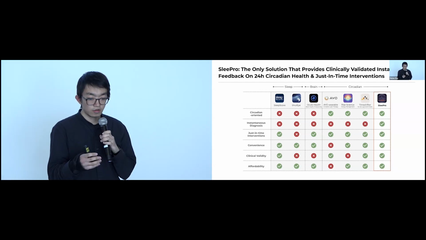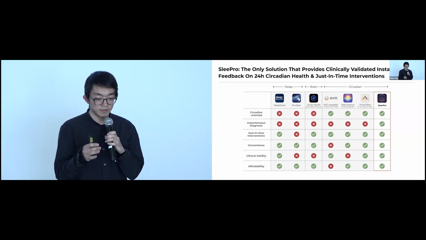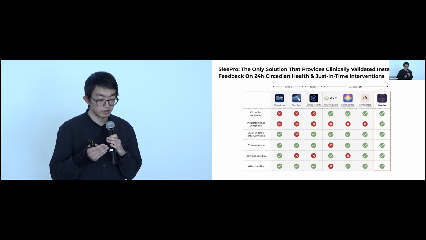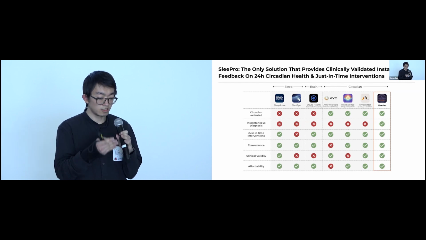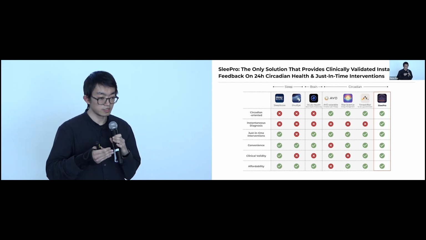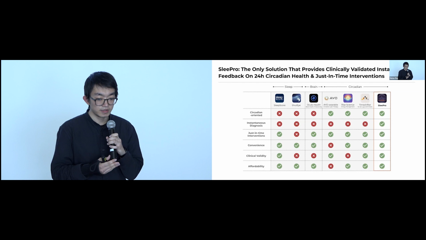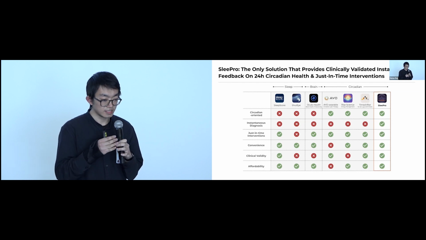So the Time Shifter app is using user input. Everything is based on the user's input. You put in your own personal schedule constraints, and then they interpret based on circadian science generated from clinical trials. But they cannot do instantaneous feedback.